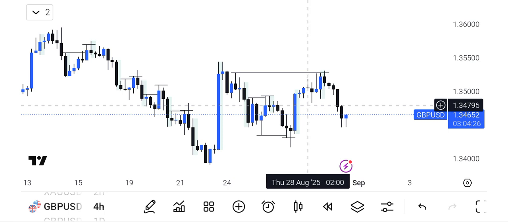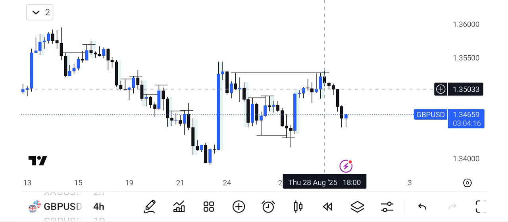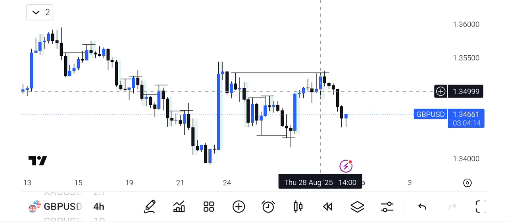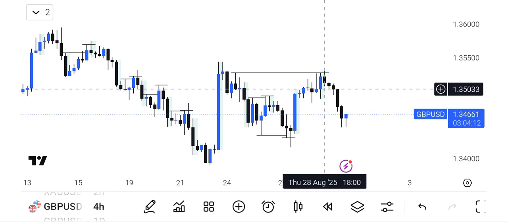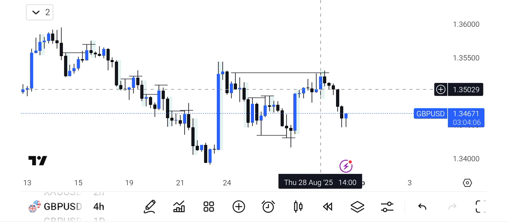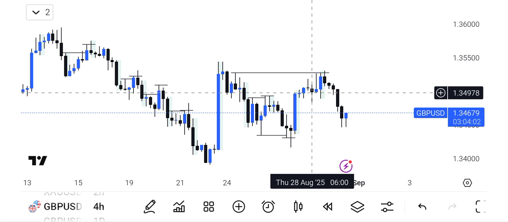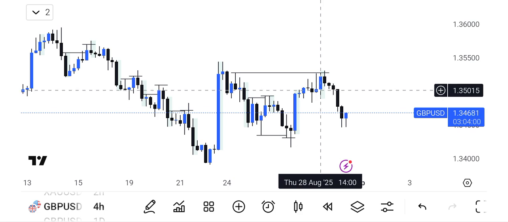Candles we'll be looking out for will be the 6 o'clock candle, the 10, the 14. We'll not be looking at the 18 because if we are to see any entry it will be around the end of the day. We'll be looking at the 6, 10, 14.